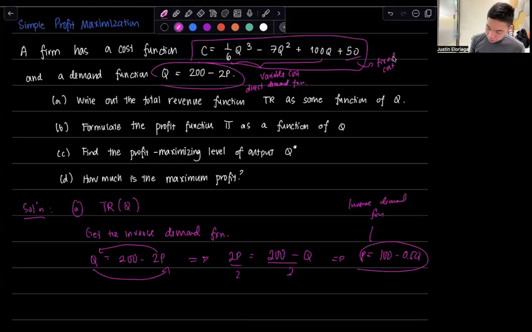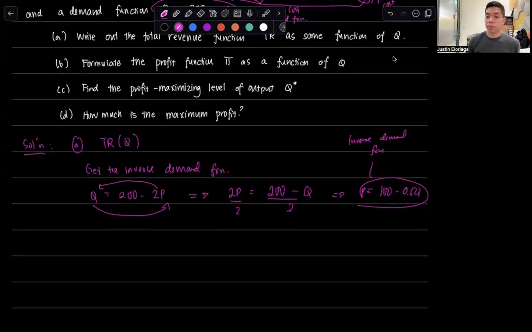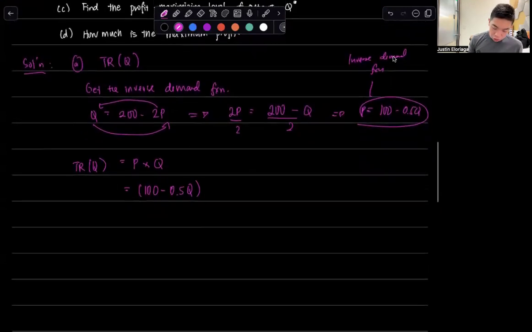Notice everything is now a function of Q, so we can readily derive the total revenue function. As in the last video, it's just P times Q. P is given by the demand function, so that's 100 minus 0.5Q, times Q. That yields 100Q minus 0.5Q squared.